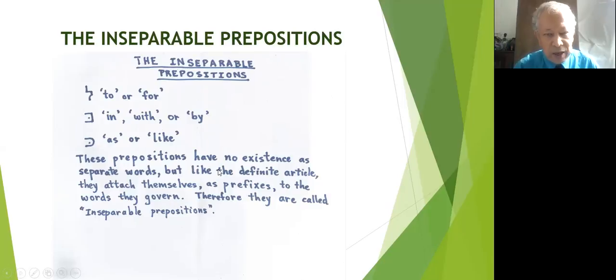Just like the definite article becomes a part of the noun because it is attached to the noun, so these inseparable prepositions join themselves to the noun that come after them, and so they are called inseparable prepositions, or prepositions that are not able to be separated from the noun.